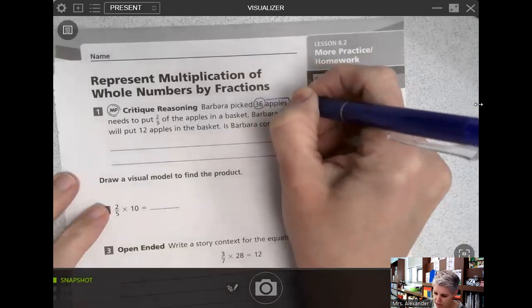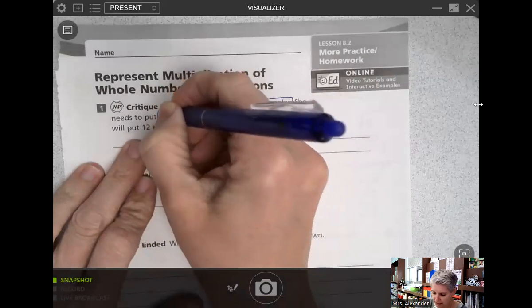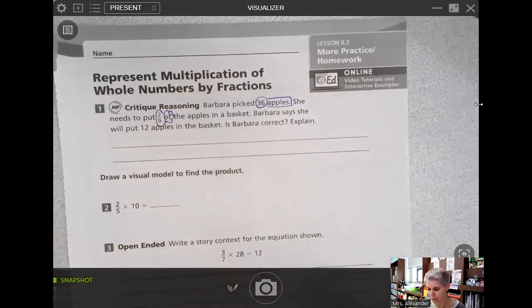36 apples. That's what we're working with. She's putting 2/9 of the apples in a basket. So I put that little cloud around of. As you remember, of in math means multiply. So is that going to be 12 apples in the basket?